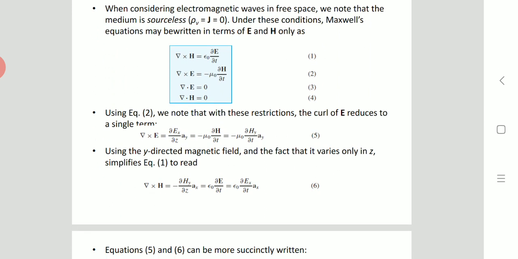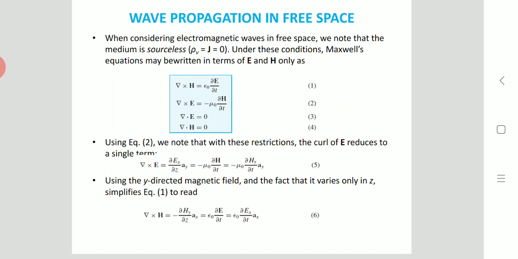So using equation 2, we note that with these restrictions the curl of E reduces to a single term, that is del cross E equals dou Ex divided by dou z ay, which is nothing but minus mu naught dou H by dou t, or minus mu naught dou Hy by dou t ay.